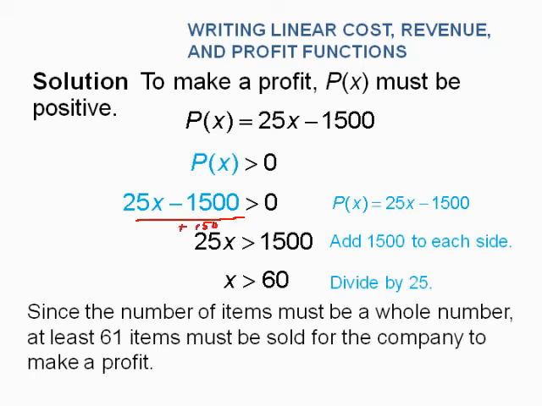We add 1,500 to both sides of the inequality and divide both sides by 25. Notice it says x is greater than 60. Since the number of items must be a whole number, you've got to sell at least 61 items in order to make a profit. So around 60, you're going to break even.